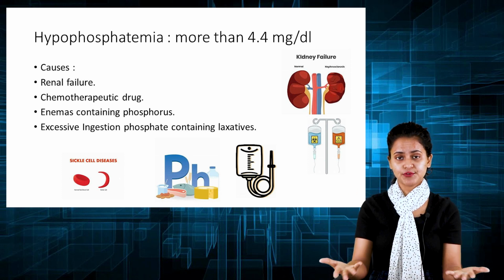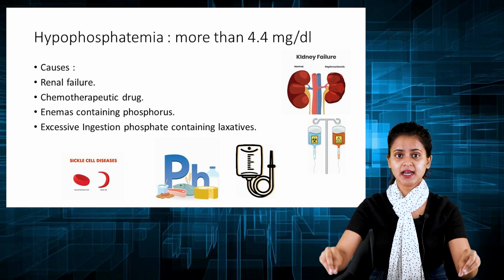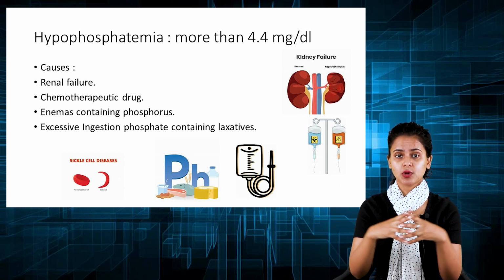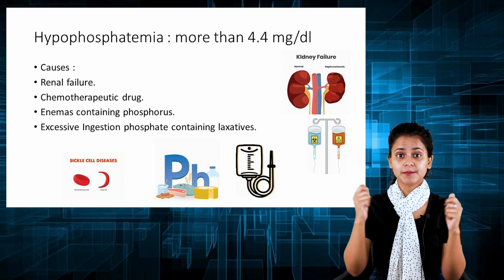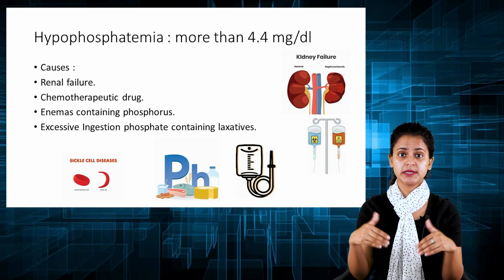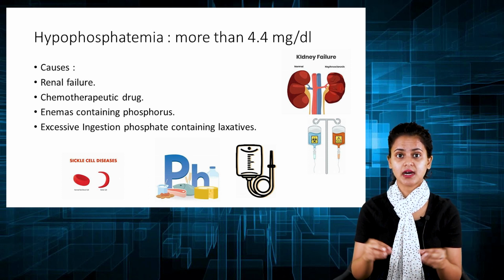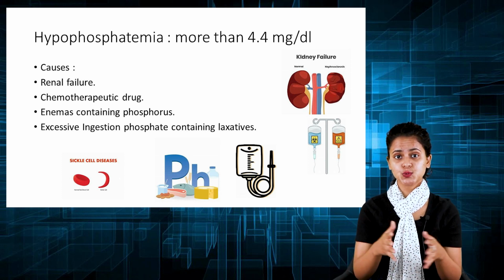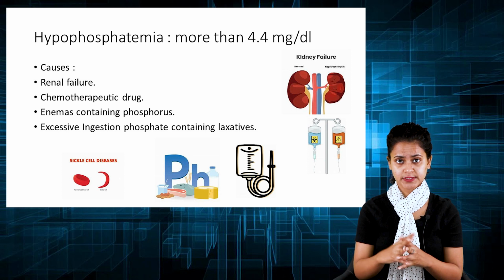Definitely, if we are excessively taking food which is high in phosphate content, the absorption of phosphate will be increased, and our client will present with the clinical manifestations associated with hyperphosphatemia.